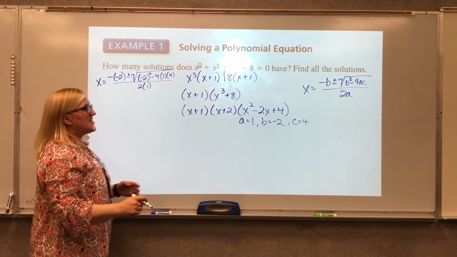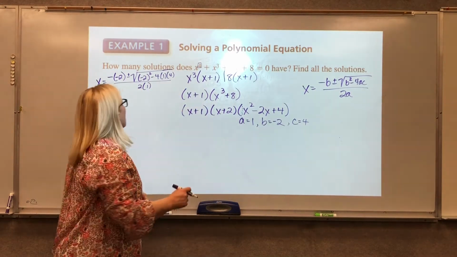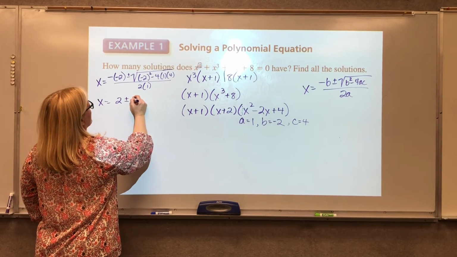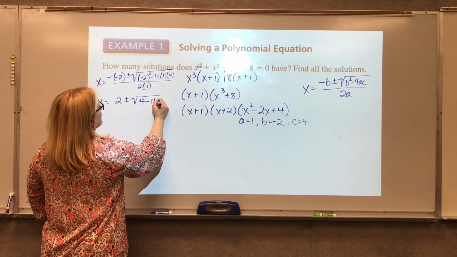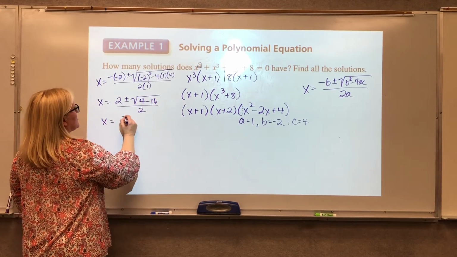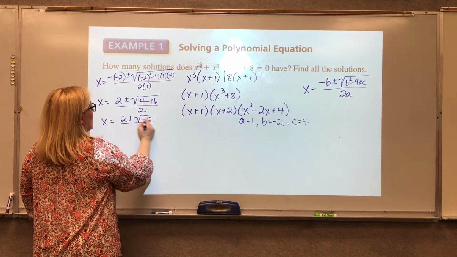Okay, all I did was just plug these into the formula. All right, so now this becomes 2 plus or minus the square root of, this is 4 minus 16 over 2. So x is 2 plus or minus the square root of negative 12 over 2.